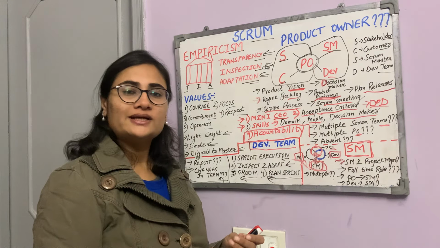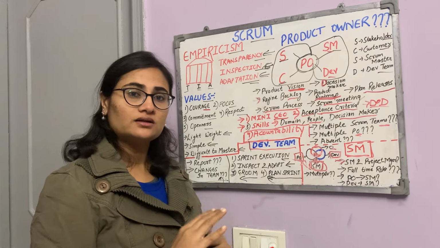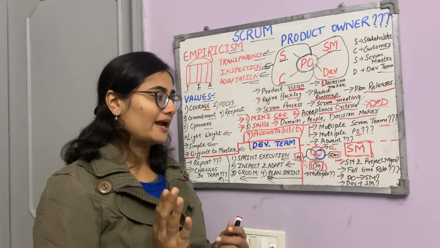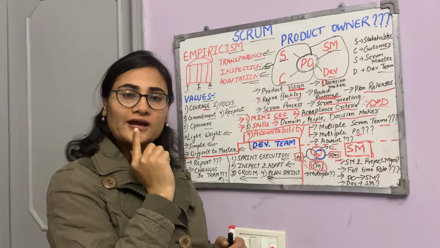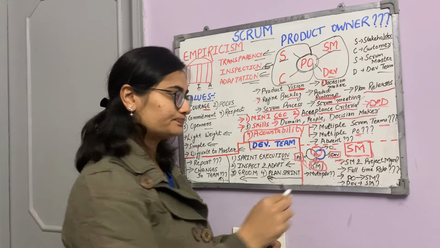So what we understood is Scrum Master and Project Manager are two different roles, and Scrum Master does not have authority to take decisions which Project Manager has.